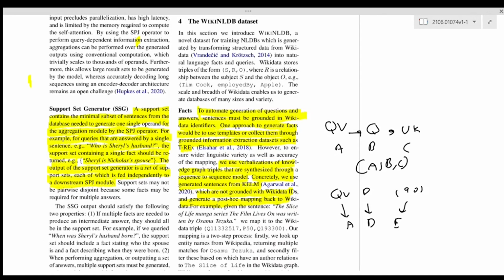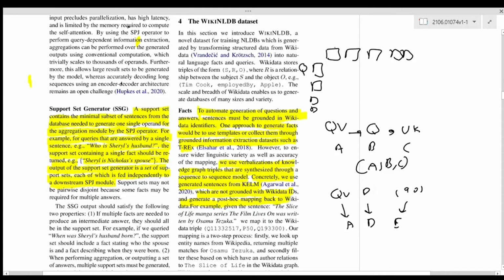For example, they have provided the TF-IDF idea, where each of the facts is on one dimension and the values of queries are on another dimension, and based on the queries and facts, we can provide the importance of the facts table, and based on that we can determine which document is actually important for the support set generator of the facts for the queries.